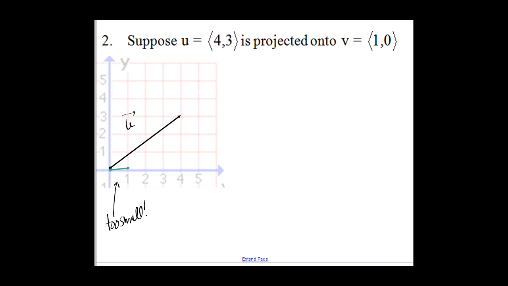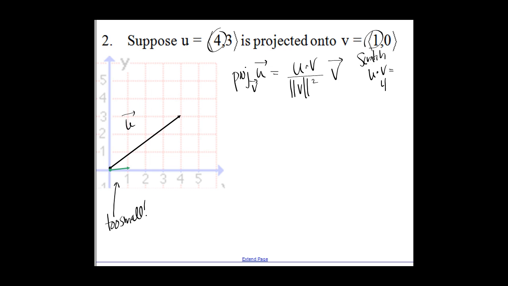Luckily, everything takes care of itself, so let's see what this looks like. The projection of u onto v is equal to u dot v all over the magnitude of v squared times vector v. So u dot v again, a little bit of scratch work. Let's see, comes out to 4 plus 0.